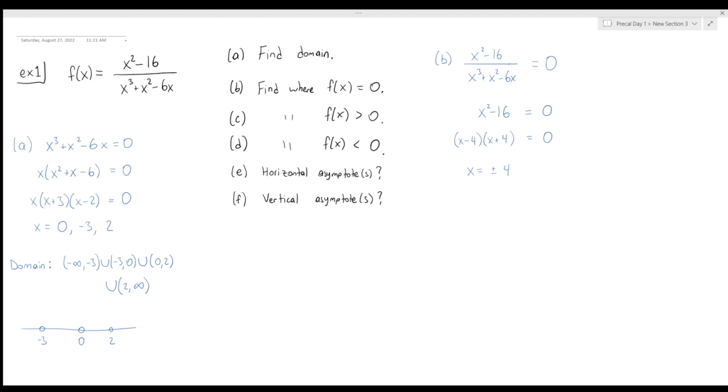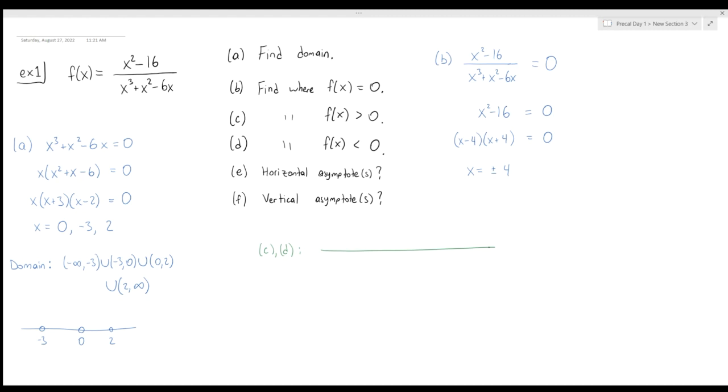And then for parts C and D, let's go ahead and make a little sign chart for that. And there's going to be quite a lot going on for this one.